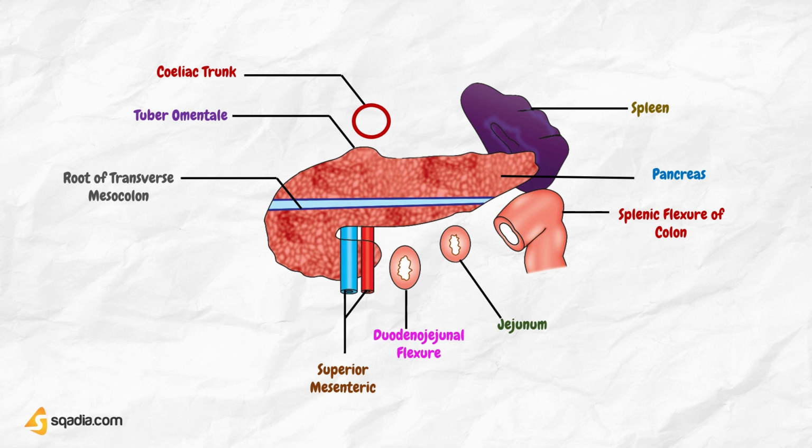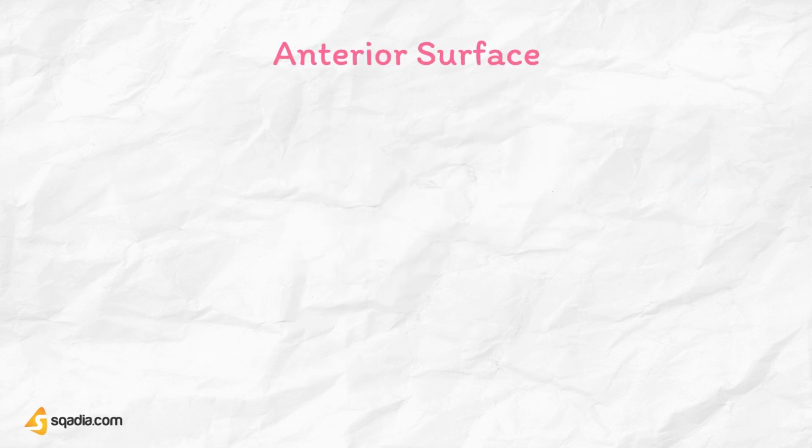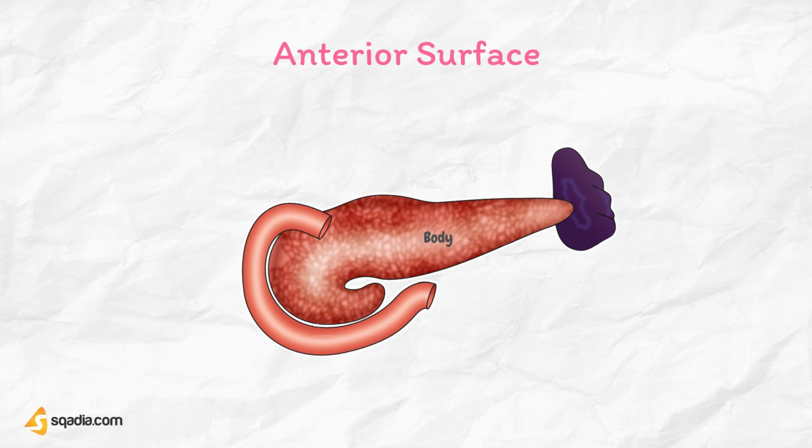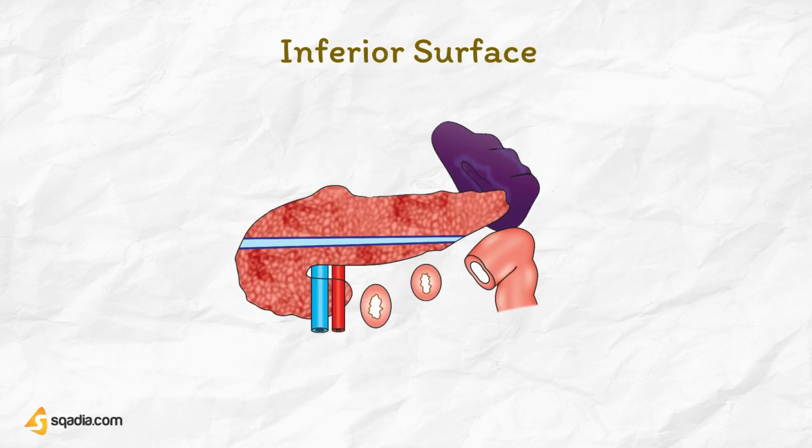Moving towards three surfaces of body of the pancreas. The anterior surface is concave and is directed forwards and upwards. It is covered by peritoneum. The inferior surface is covered by peritoneum and is related to the duodenojejunal flexure, coils of jejunum, and the left colic flexure.